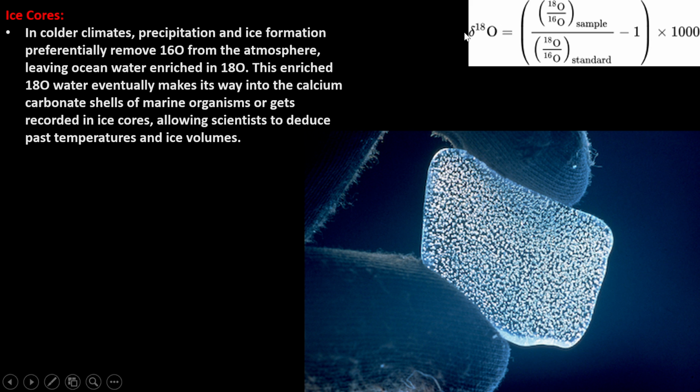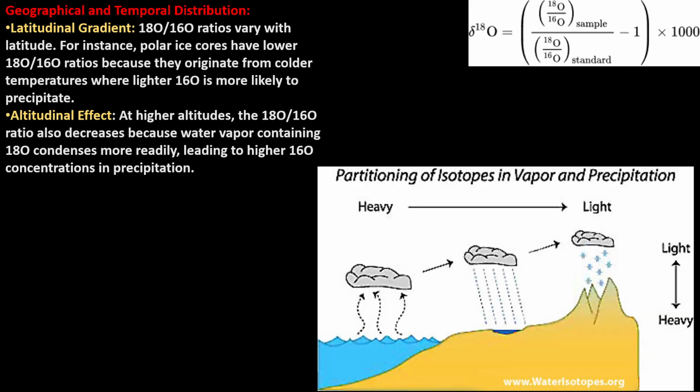So ultimately the O18 value increases, so the sigma O18 ratio will increase, which allows scientists to deduce the past temperature: that it was an ice-rich environment and the temperature was low. It also gives knowledge about whether there is land or ocean.